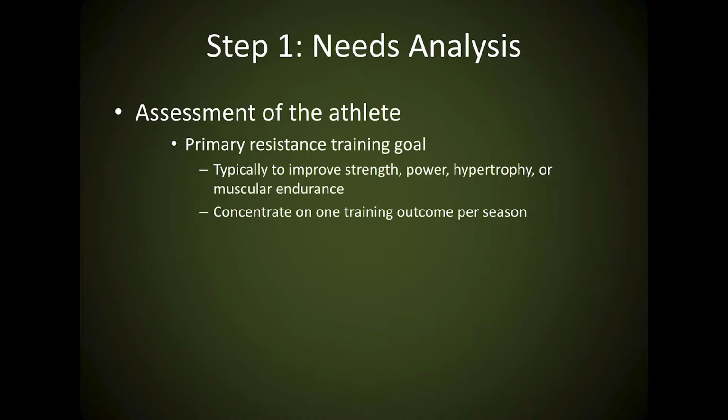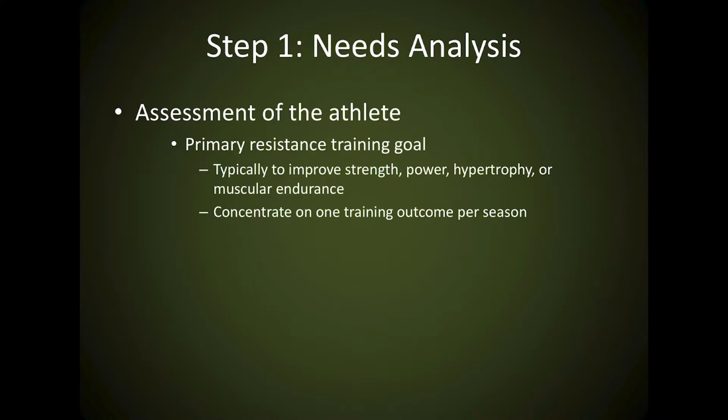And also trying to concentrate on one training outcome, whether it be strength, power, hypertrophy, muscular endurance, per season. If you're trying to combine a lot of them, it's going to get a little bit difficult. Maybe not so much with, if they're increasing strength and power, likely the hypertrophy is going to occur.